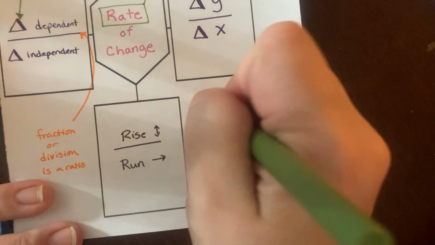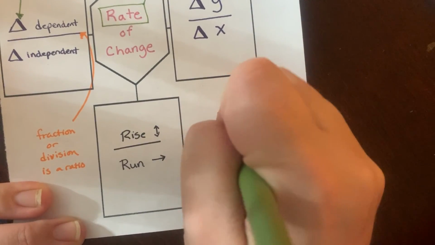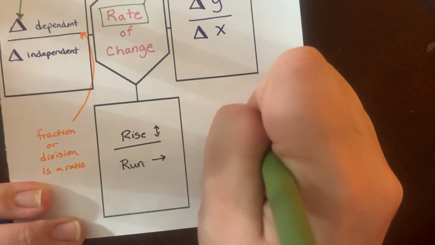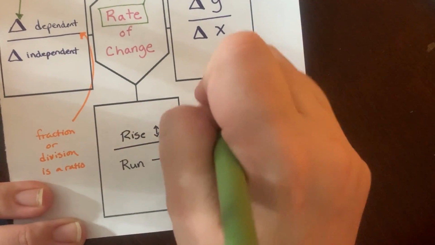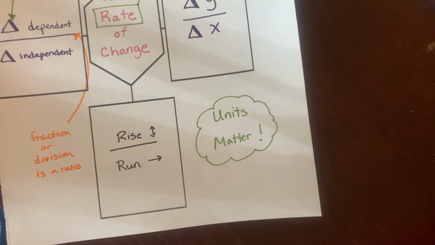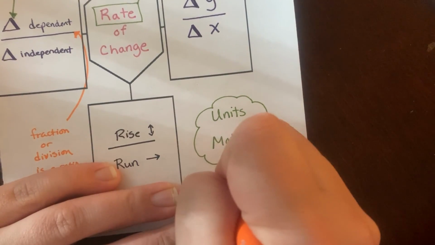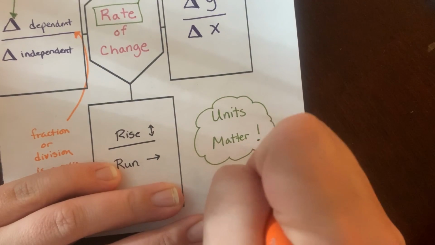So when I'm talking about rate of change, I have to remember that it's important not just to give the number that is the rate, but also to talk about the units. So it could be something like miles per hour. That's a unit. So 5 miles per hour.